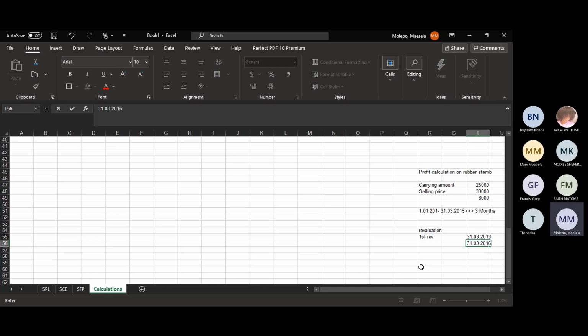But the information on the pre-adjustment trial balance, what does it say? When does it say the revaluation was done? It says 1st April 2015.